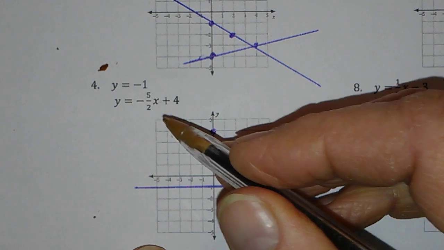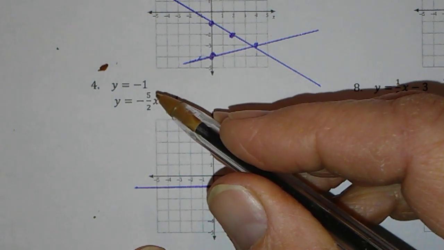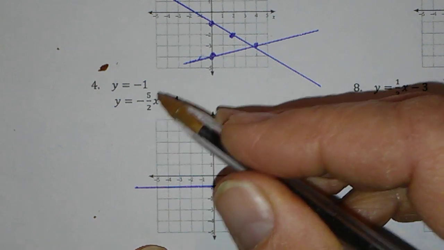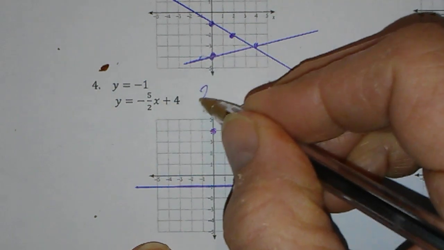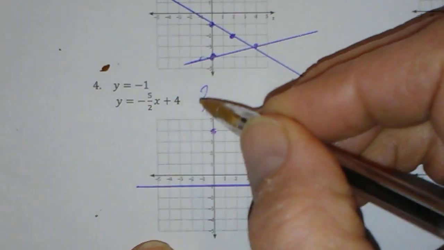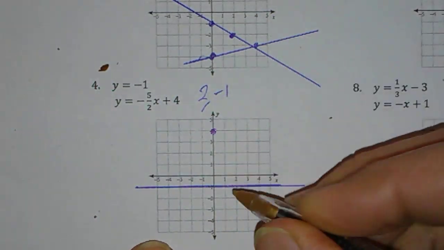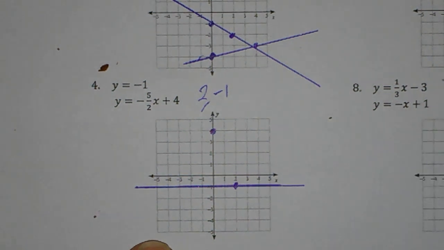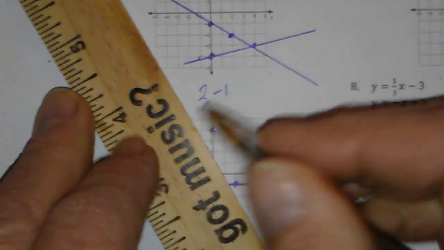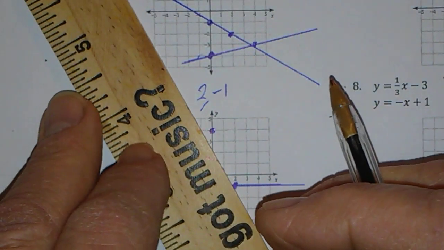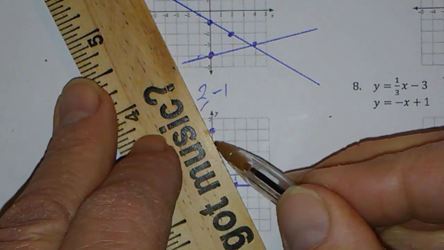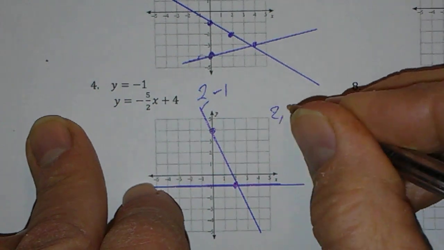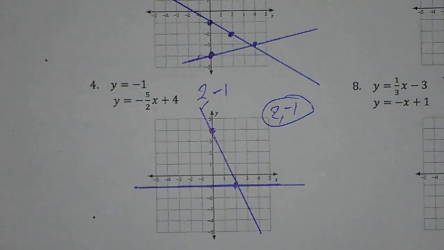If we do x equal to 2, we'll cancel the 2 on the bottom. So you end up with negative 5 plus 4 is negative 1. 2, negative 1. Look at that. I hit it again. Right on the button, I hit the point of intersection. 2, negative 1 is the point of intersection. Okay?